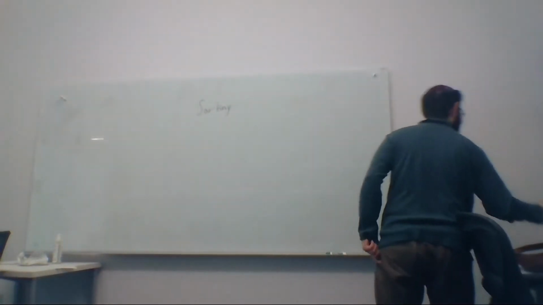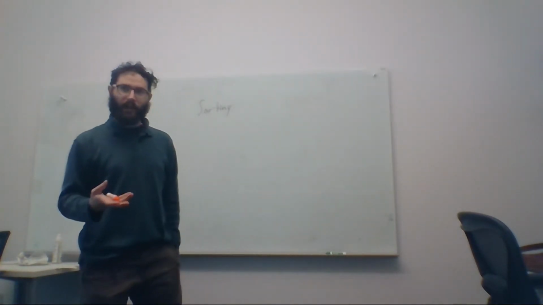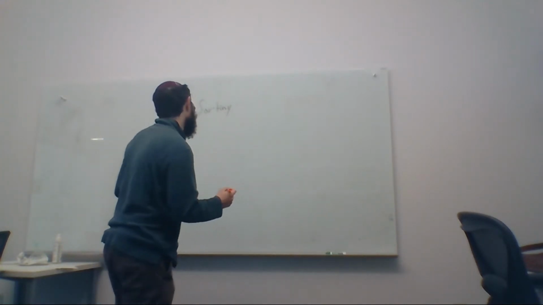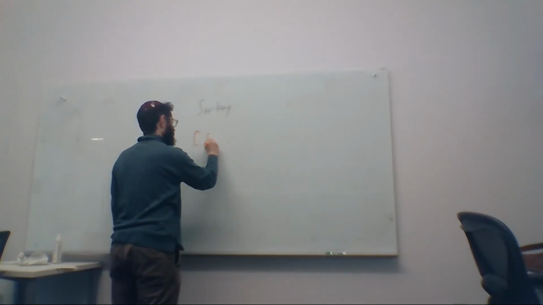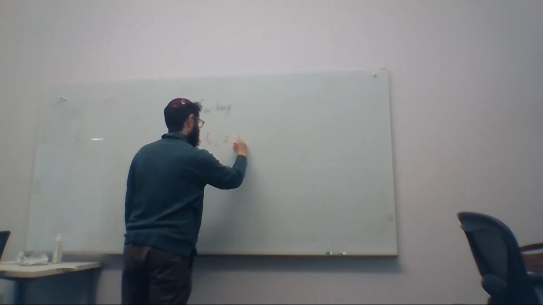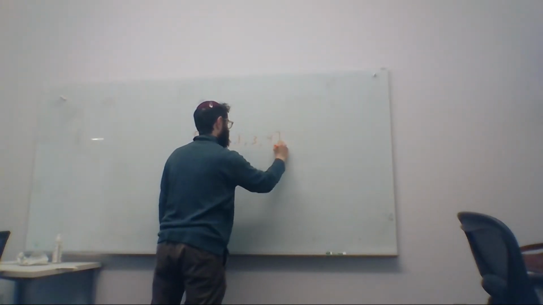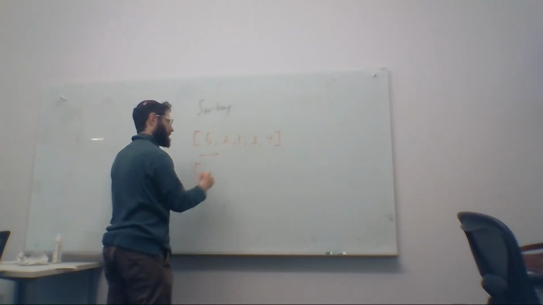So sorting is basically this problem. It's a very obvious problem, but we're going to explain it anyway: given a bunch of unsorted data, say 5, 2, 1, 3, 4, I'd like to turn it into something sorted, where the things are in order.